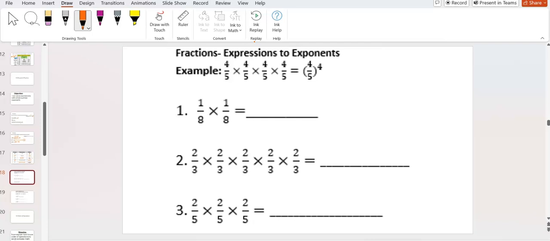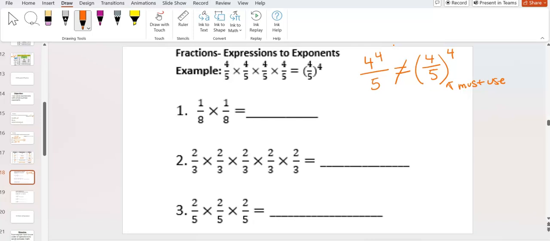The only difference here, and I would write this down, is that 4 to the power of 4 over 5 is not the same as 4/5 in parentheses to the power of 4. You have to use these parentheses if your exponent is being applied to both the numerator and the denominator.